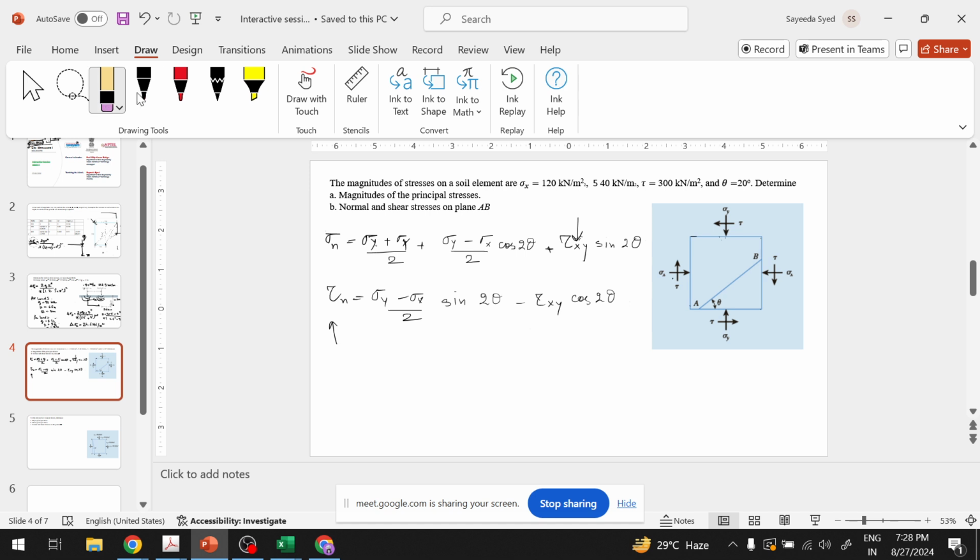In fact, that is how we calculate the value of maximum and minimum principal stresses, when we give the value of shear stresses on these planes as 0. Okay.